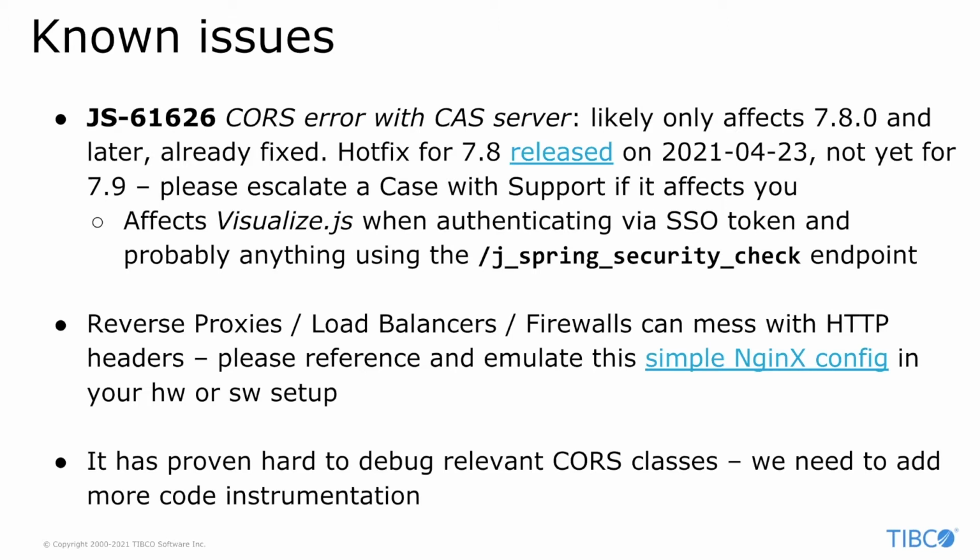And this is available for 7.8 right now. It's been released in April, but we don't have one released yet for 7.9. If you are affected by this, and it's very important, please log a support case and ask to escalate the case so that we produce the hotfix. But the fix is already there, so we already had the fix, so it shouldn't take a long time. And of course, our next release already has the fix.